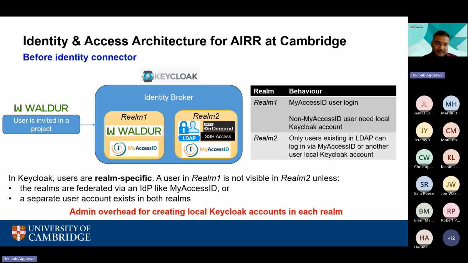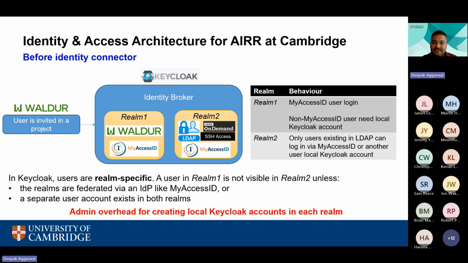As I've tried to demonstrate in this box, realm one can use identities from MyAccessID, and realm two can also use identities from MyAccessID. So if a user is invited to a project, they can potentially use MyAccessID to log in and use the services sitting in both the realms.